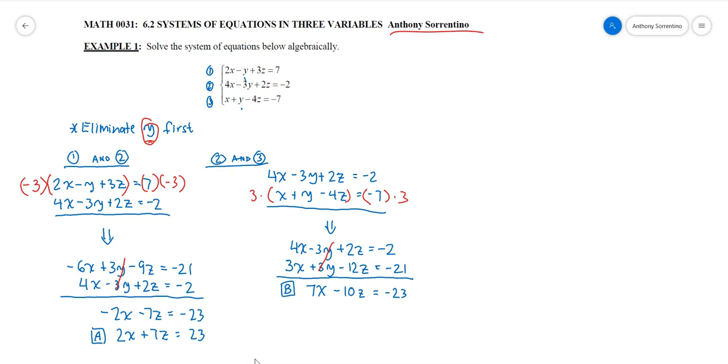So I took the situation that I have now, where I had 3 equations with 3 unknown variables, and now I've come up with 2 equations with only 2 of those unknown variables that would have the same solution as those. So what I need to do now is take A and B together.